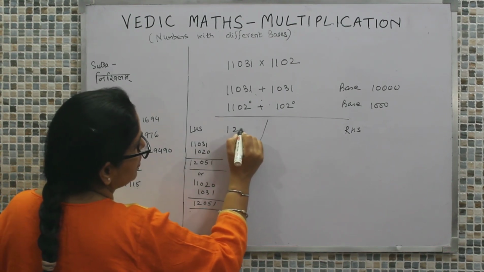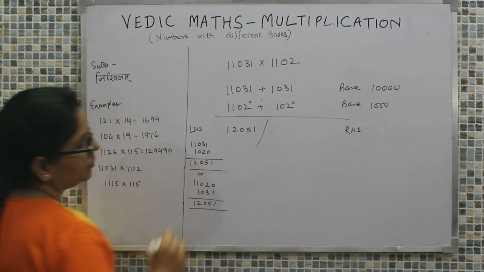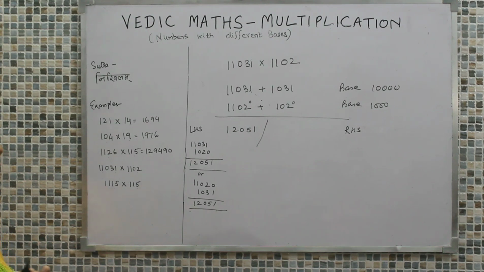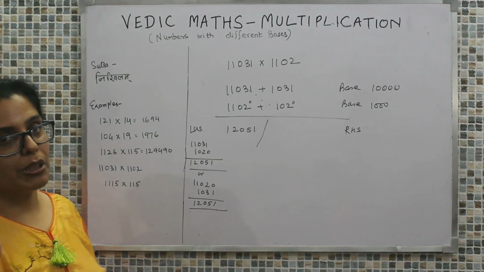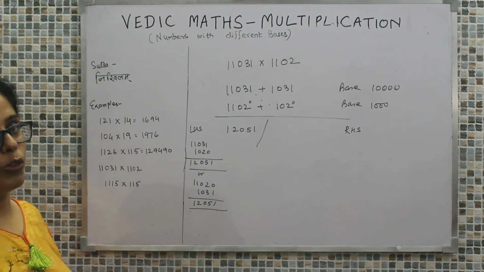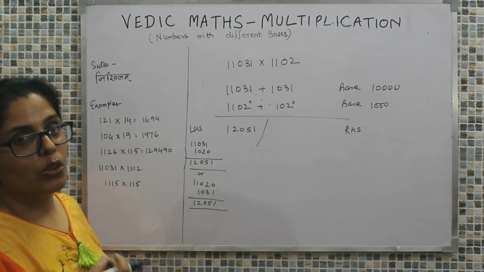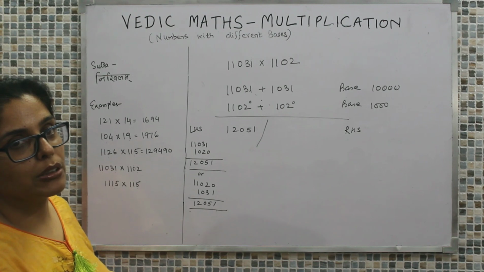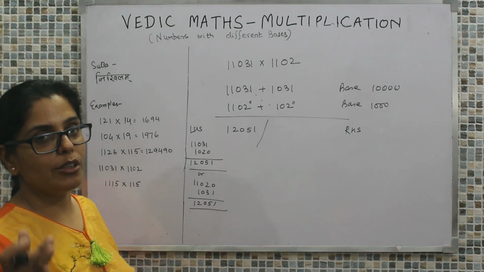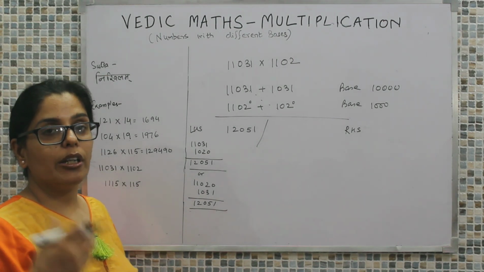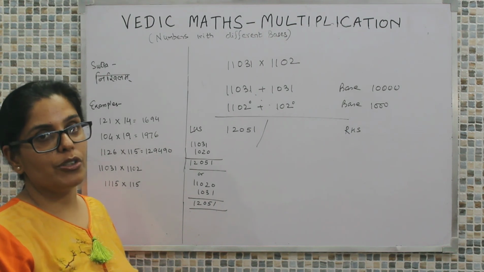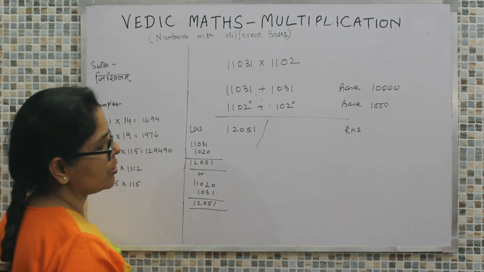So we have the LHS as 12051. See, as we discussed, in the traditional method the multiplication has always to be done from right to left. But as you can see here, I am doing it from left to right. So this is the beauty of Vedic maths. Here it is not mandated that you always need to proceed from right to left. It is up to you from which part or which direction you make the calculations.